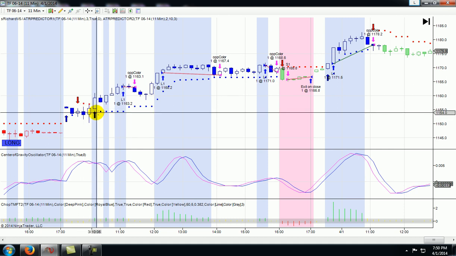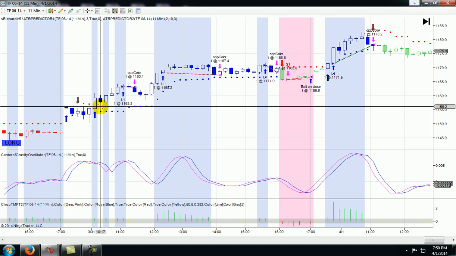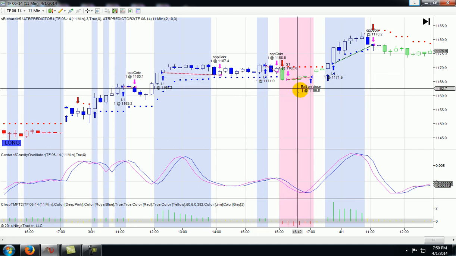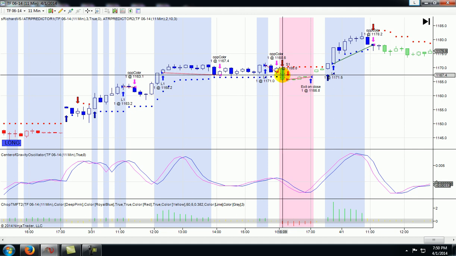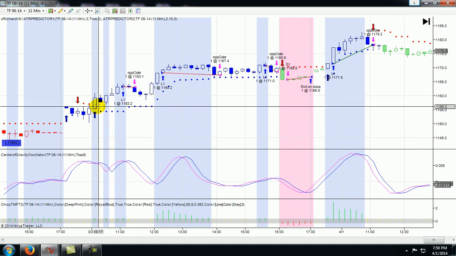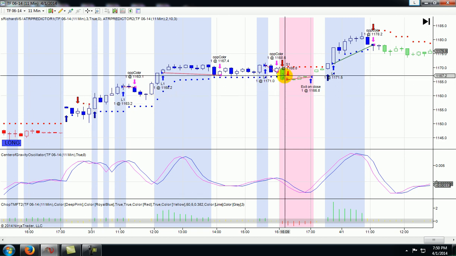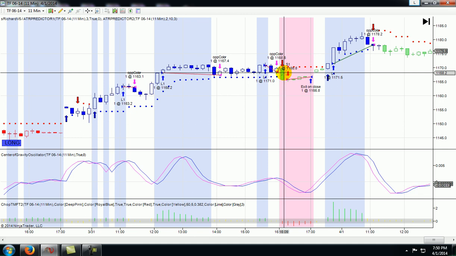A couple bars later, it would have gotten in for a long, and it appears that it would have hung on to that all day to about right here. So would have gotten long at approximately 1157.2 and gotten out at 1168.2.